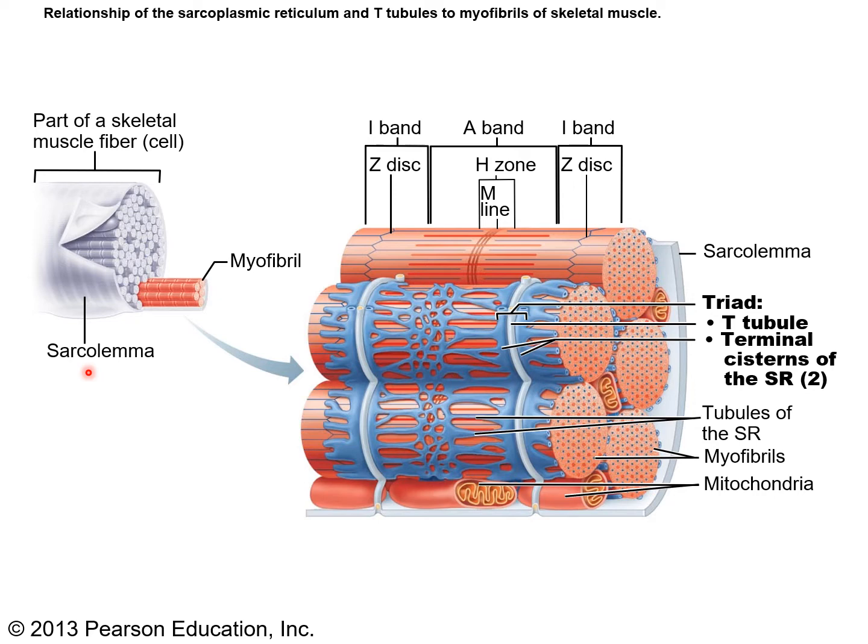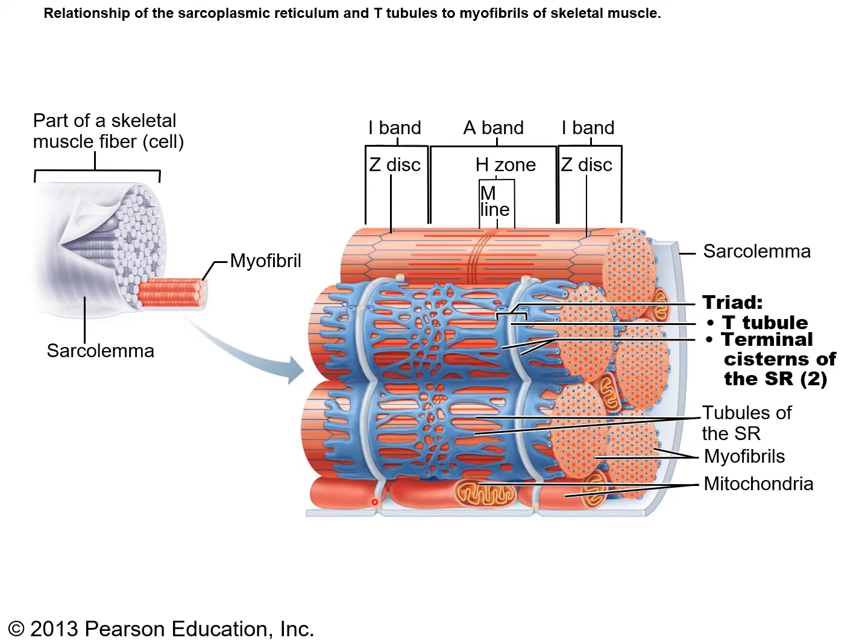The sarcolemma right here surrounds the whole entire muscle fiber, and parts of the sarcolemma invaginate, as you can see, and go deep, and we call those parts of the sarcolemma the T-tubules. So those light colored tubes right here, those are the T-tubules.